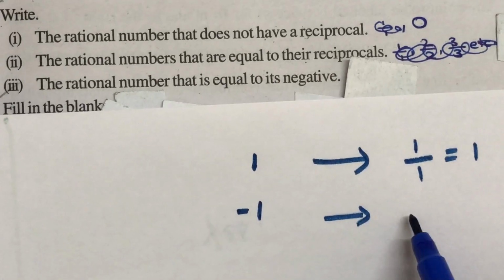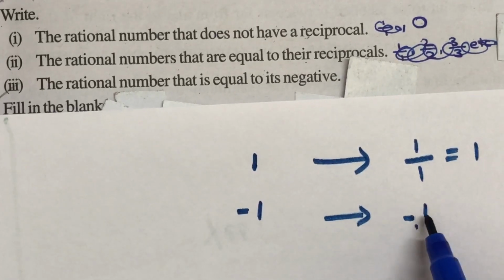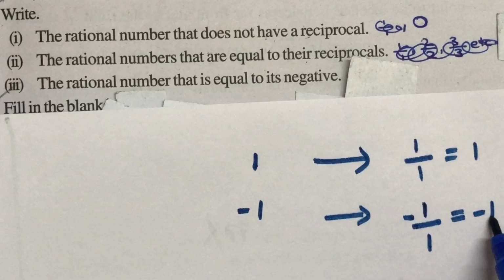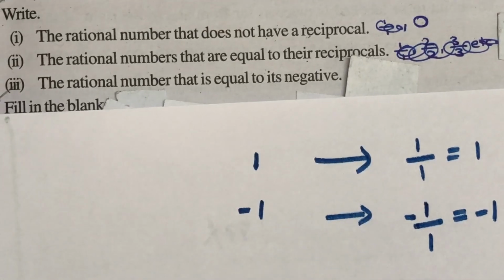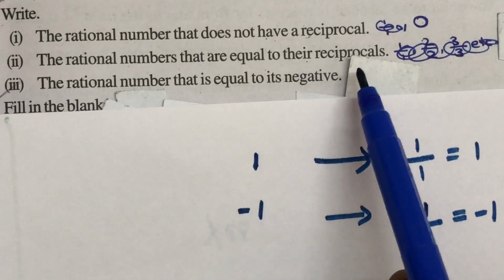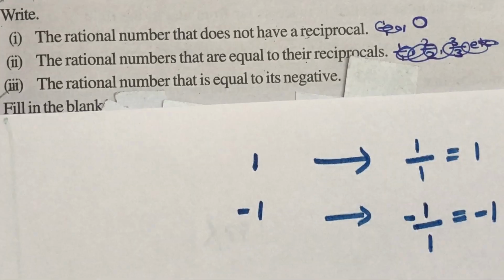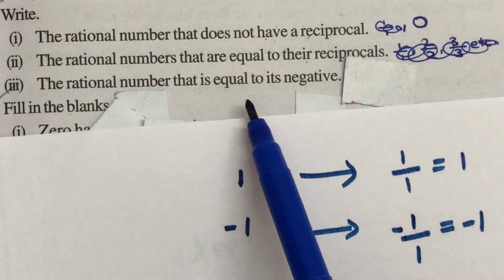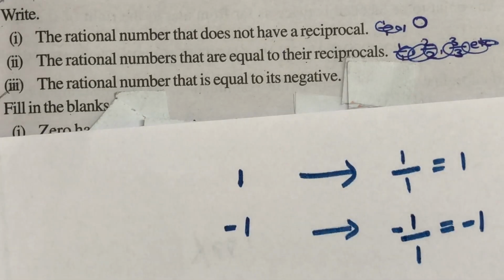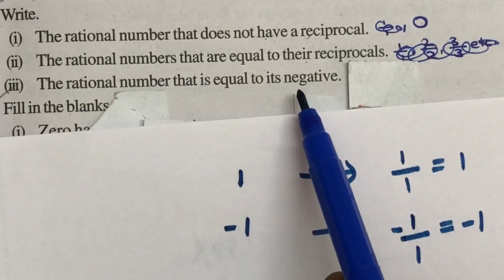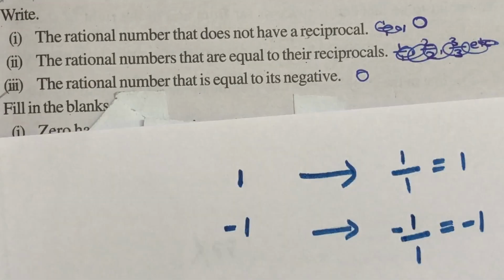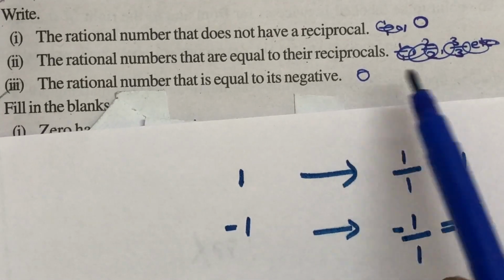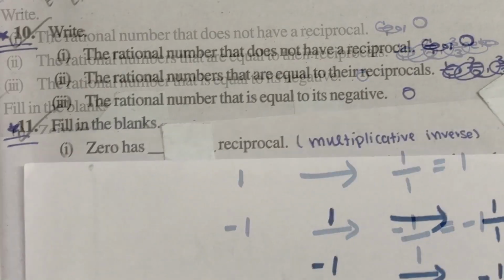Similarly, the reciprocal of minus 1 is minus 1 by 1 alone, which is equal to minus 1. Next question. The rational number that is equal to its negative. It's very easy, right? It is 0 alone, the neutral number. 0 is the number which is neither positive nor negative. It is neutral.